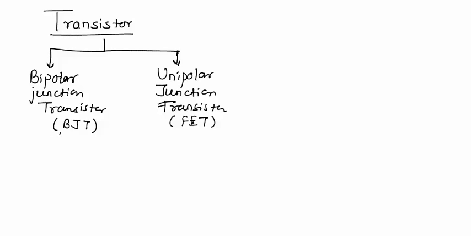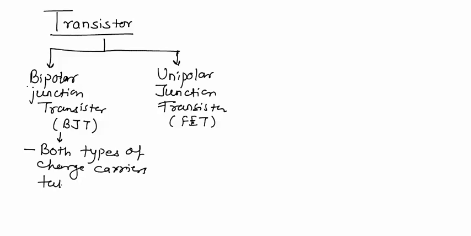Bipolar junction transistor BJT is called bipolar. Bipolar means both types of charge carriers take part in conduction.